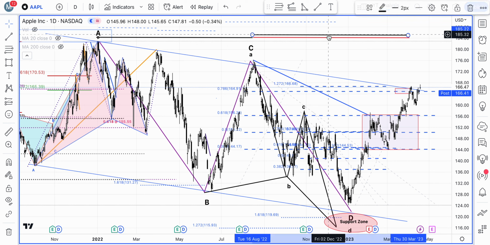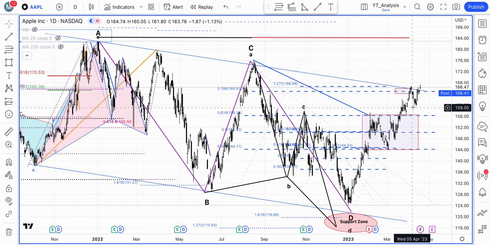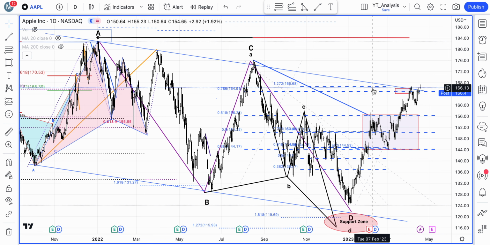So I'm going to delete this black line because I've already done this with this red line here, and we get into this region here. And this region, time-wise on the price axis, is right at the 78.6% Fibonacci retracement and 1.272 expansion.